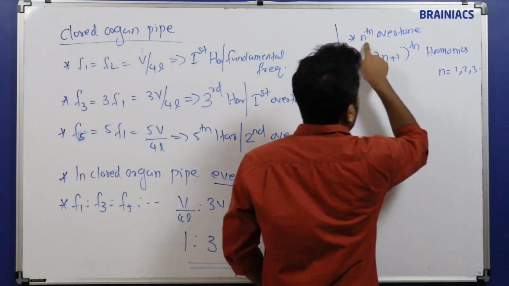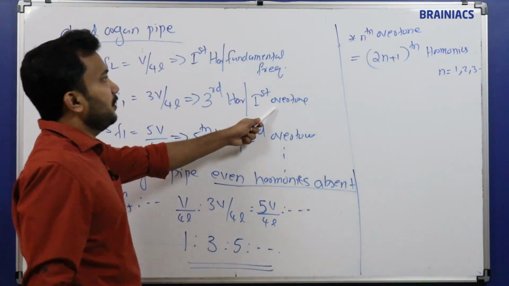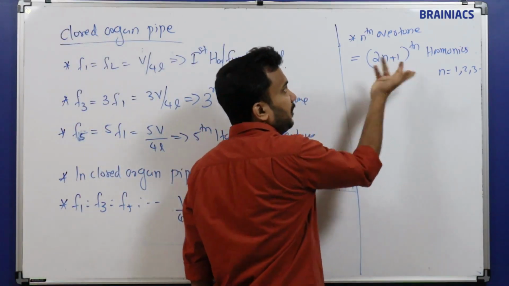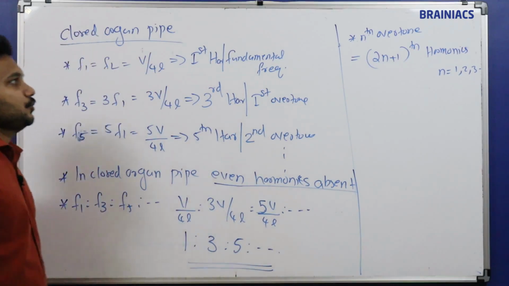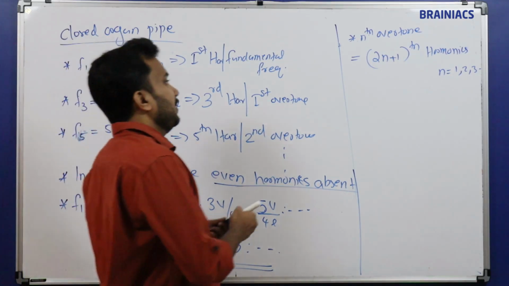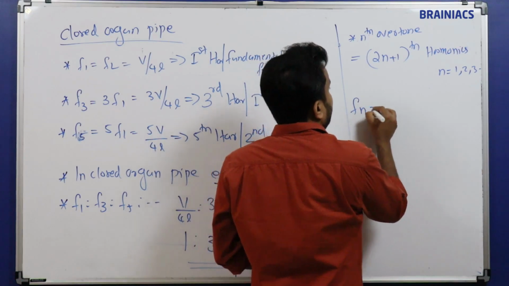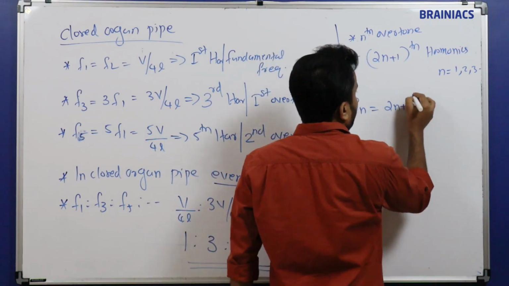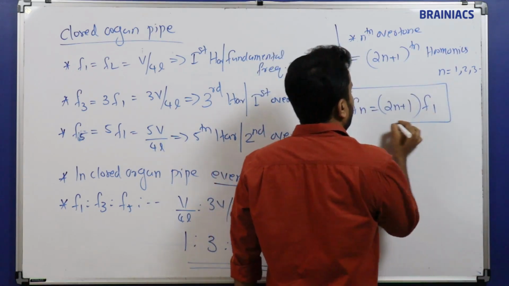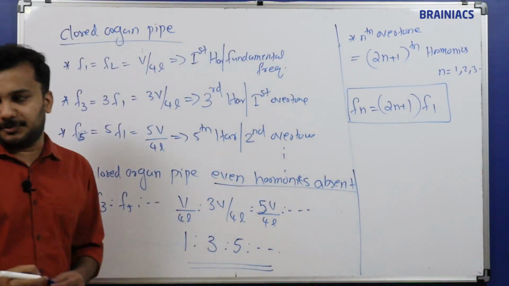If n is equal to 1, the first overtone will be here. So n equal to 1 gives 2 into 1, 2 plus 1, 3. So third harmonic. So nth overtone will be equal to the (2n plus 1)th harmonic. Similarly, Fn, the nth frequency, is equal to 2n plus 1 into F1, the fundamental frequency, which can also be written as FL.